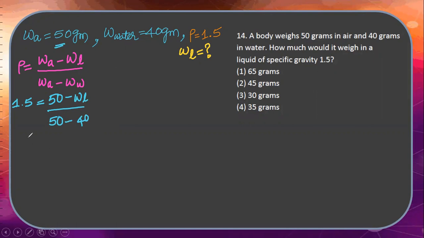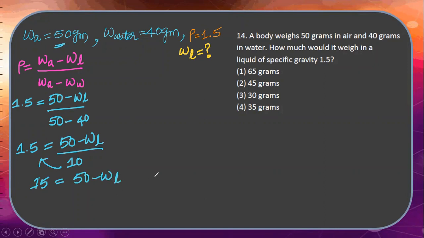So 1.5 is equal to 50 minus WL divided by 40. 50 minus 40 will be equal to 10. So if you bring it to this side, 1.5 into 10 will be equal to 15. 15 is equal to 50 minus WL.